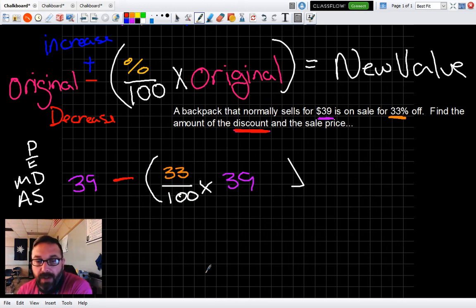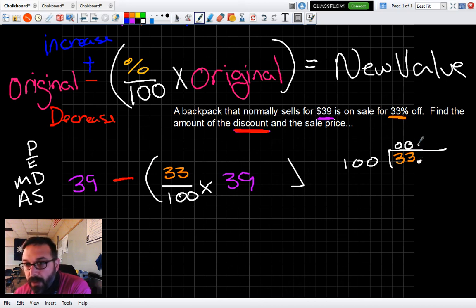33%, 33 divided by 100. If I take 33 and divide that by 100, so 100 goes into 3 0 times. 100 goes into 33 0 times. So I'm going to put my decimal point, and a 0. 100 is going to go into 330 3 times. 3 times 100 is 300.